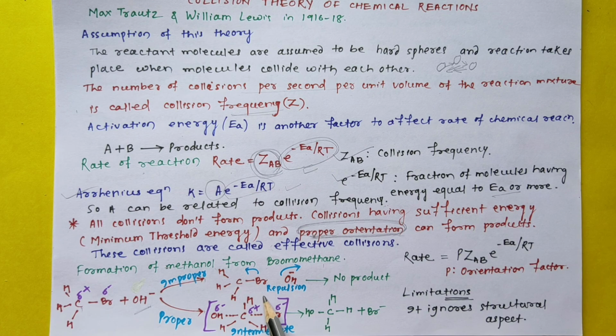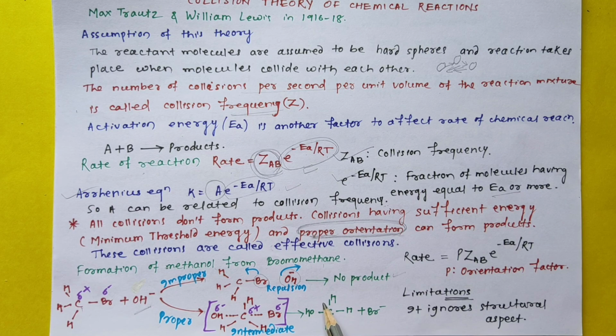In the improper orientation, what you will see? Carbon is there, on this side bromine is there, and OH minus approaches towards bromine. So it contains a fractional negative charge, it has a negative charge. There will be repulsion and no reaction will take place and no product will be formed.